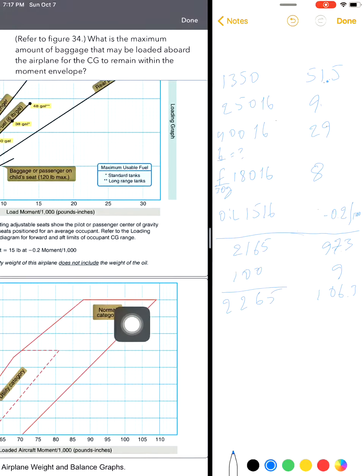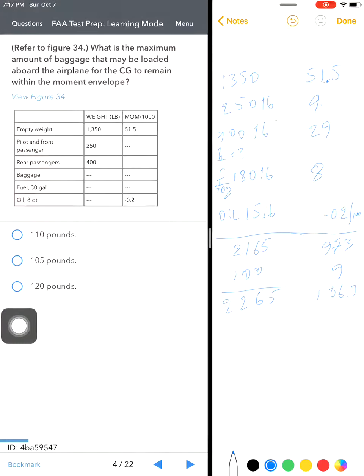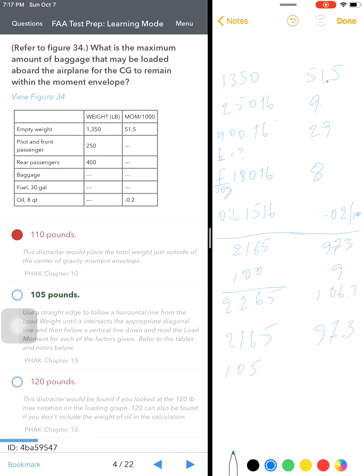envelope. Could be within the envelope. But let's say 2165 and 97.3 at 105. So obviously this 105 will work.